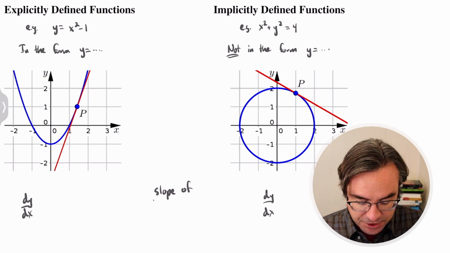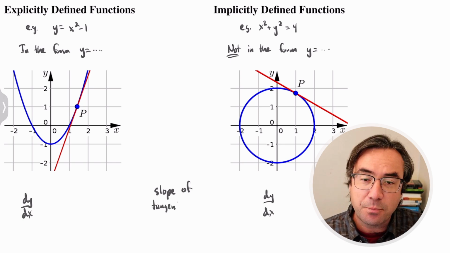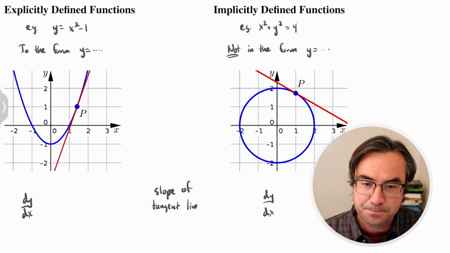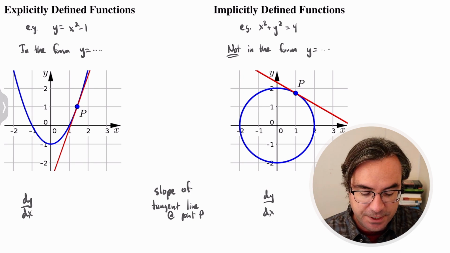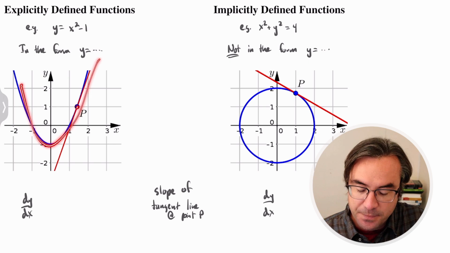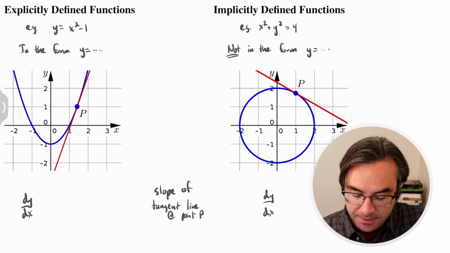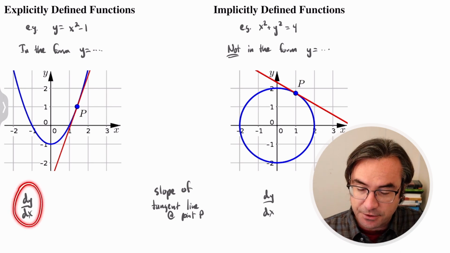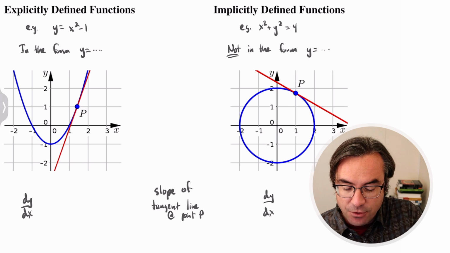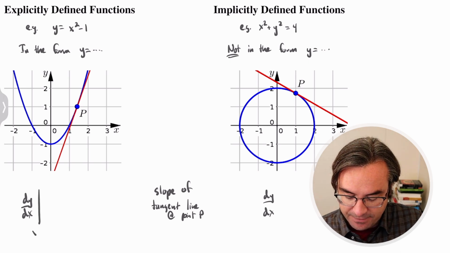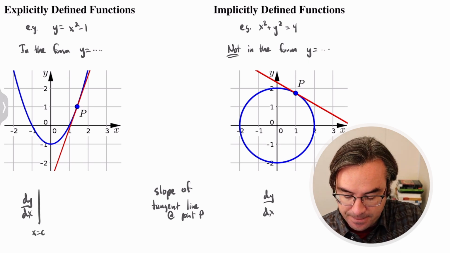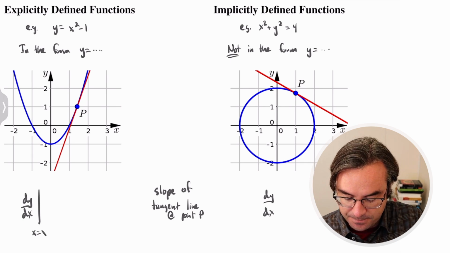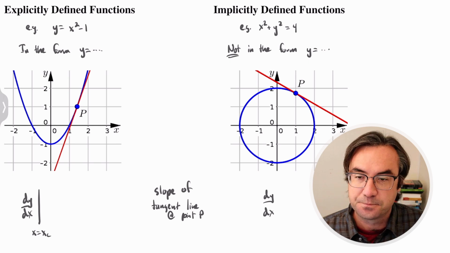The slope of the tangent line at our point P. So in the first case here, we have this parabola, and we're interested in this point P, and we have our tangent line. How would we figure out the slope of that tangent line? We'd calculate dy dx. And normally, we would then evaluate that derivative at our x-coordinate to get the slope.